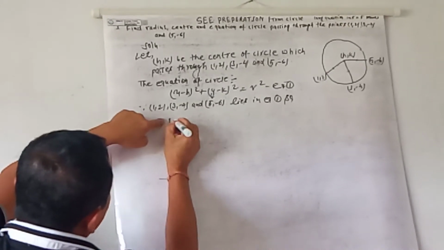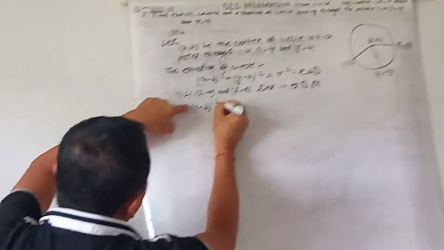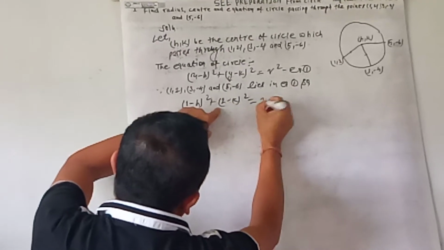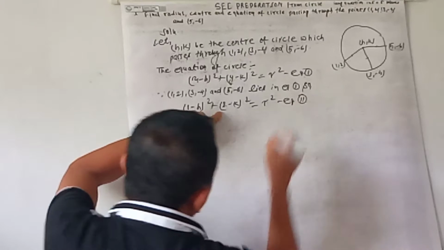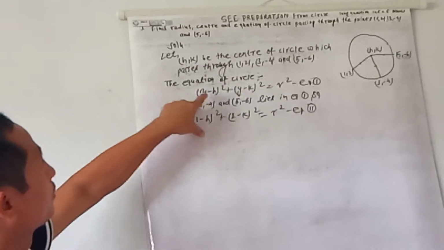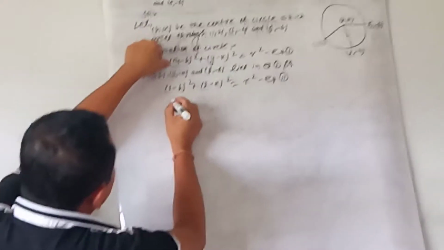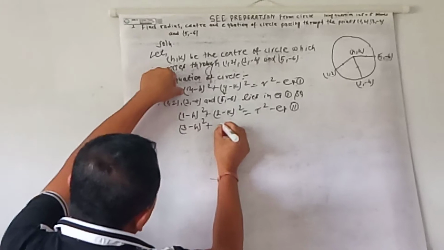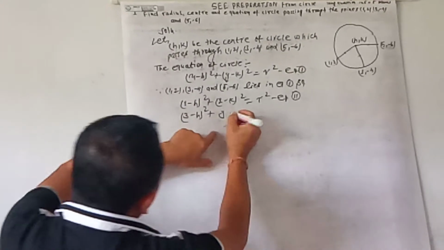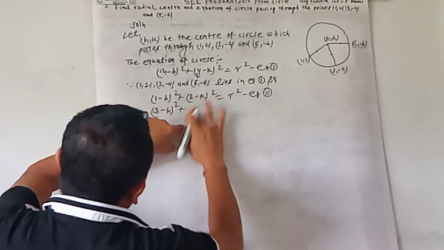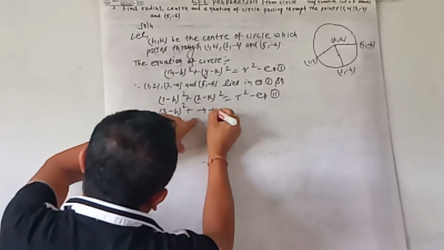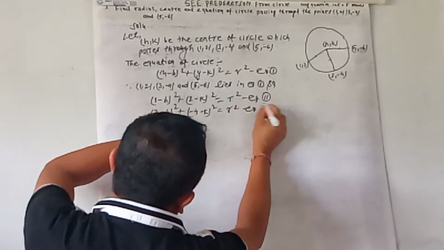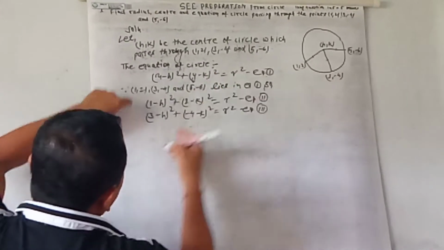Then (1 minus h) whole square plus (2 minus k) whole square is equal to r square. This is equation second. (3, -4) also lies in this equation. So (3 minus h) whole square plus (-4 minus k) whole square is equal to r square. This is equation third.